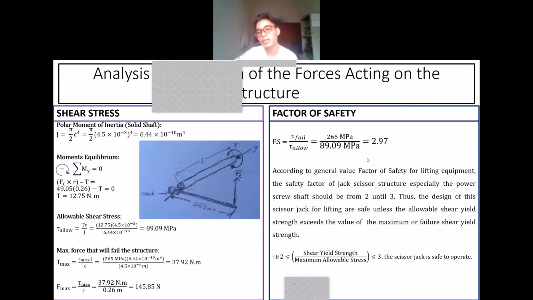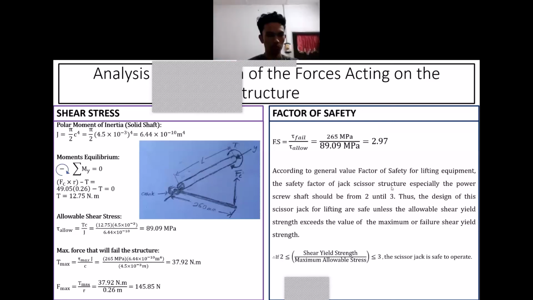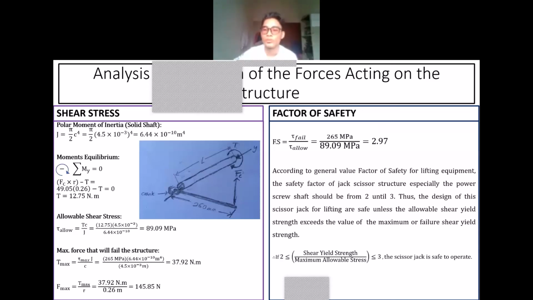And according to what we have researched on the internet, according to general value of factor of safety for lifting equipment, the safety factor of the scissor structure, especially the power screw shaft, should be from 2 until 3.